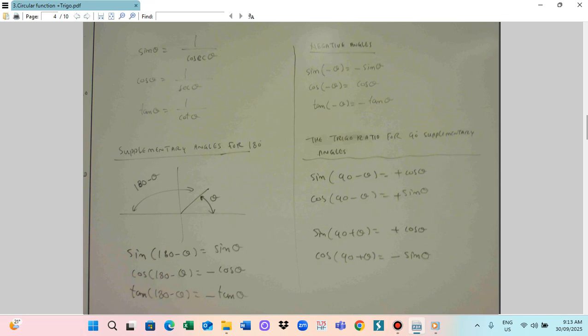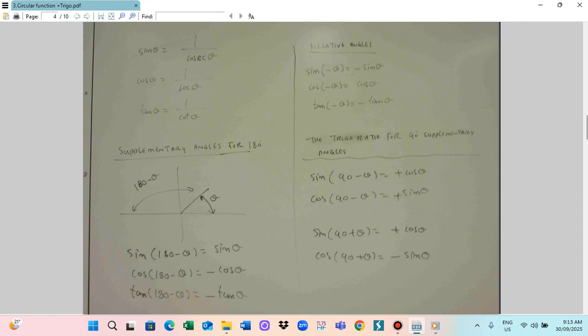Tangent negative theta is negative tangent theta. So this is for the negative angle equation. Sine minus theta is minus sine theta. Cos minus theta is cos theta. Tangent minus theta is equal to minus tan theta. So this is the equation for the negative angle.